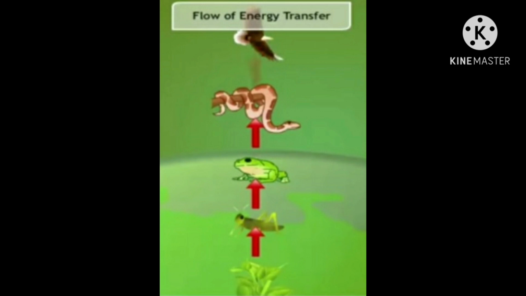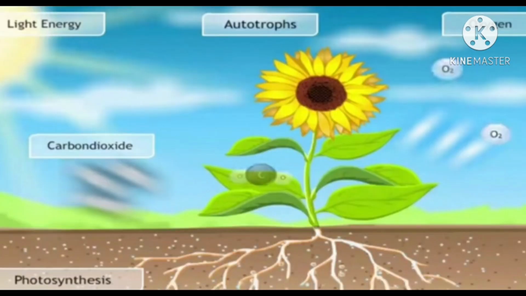For an ecosystem to work, there has to be a flow of energy within it. The organisms of the ecosystem need energy in the form of food. The ultimate source of this energy is the sun. Producers like green plants trap solar energy and convert it into chemical energy of food.